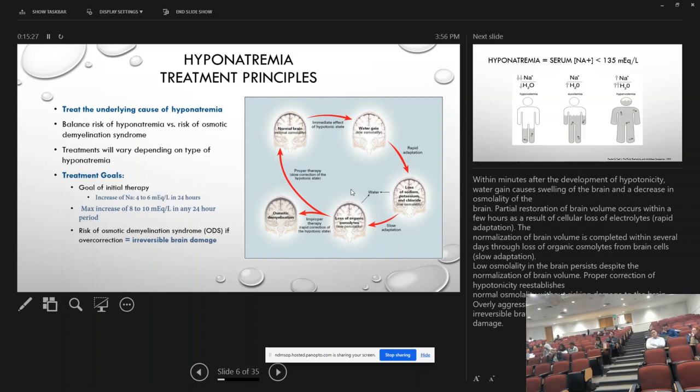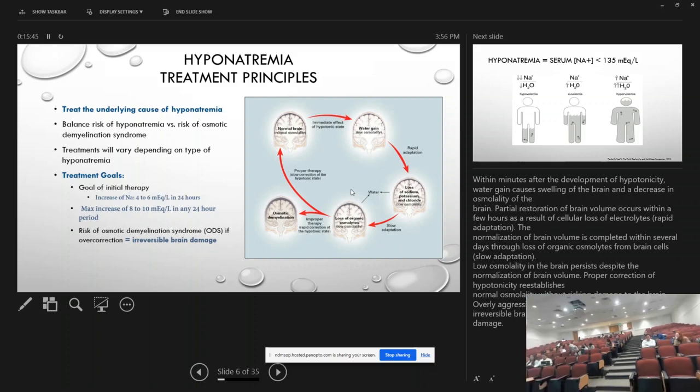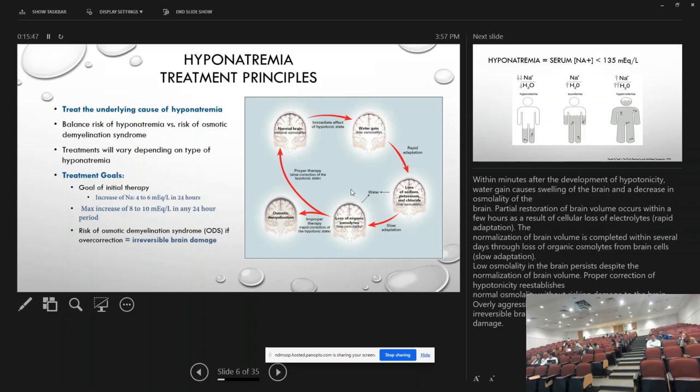So if your patient comes in with a sodium level of 110, you don't want to go much higher than 116 in the first 24 hours, okay? That's to prevent badness, osmotic demyelination. Your max increase should be no more than 8 to 10 in any 24-hour period.